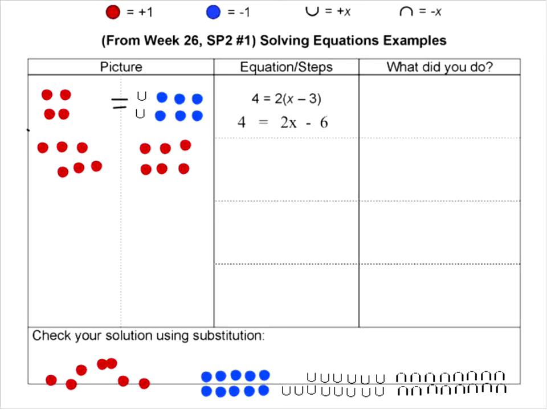So Mark, would you type the equation that we would have? I was going to cross these out like that to show that we've made 0 pairs. So now we have positive 10 equals 2x. So that is certainly one way we can do the problem.